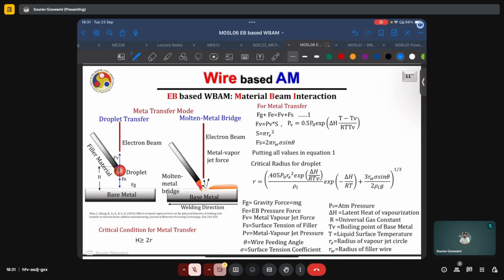Here, typically, the type of mechanism can be ascertained based on the height of the molten region of the wire from the target surface, denoted by this parameter h.